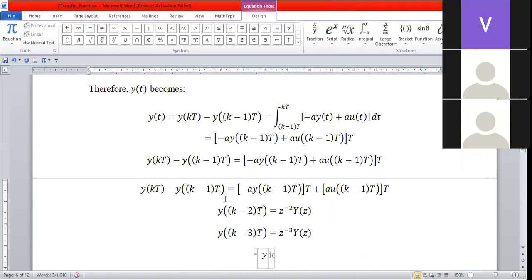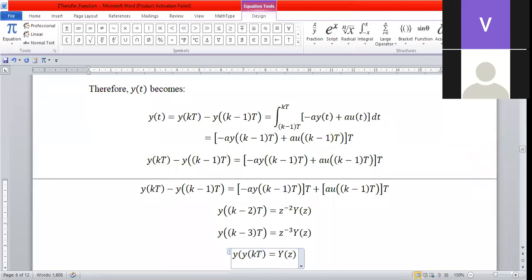Then the z transform of y of kt is equal to y of z. I hope you understand, because here is also the same thing as y of k minus 0, then multiplied by t.